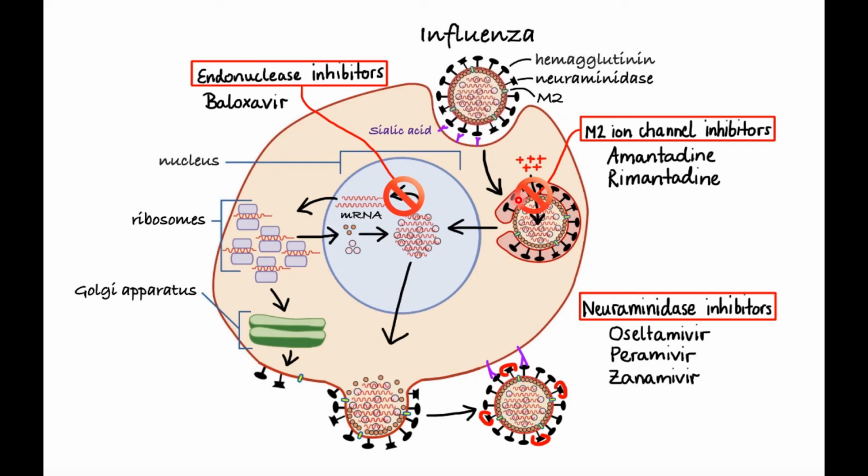entrance to the cell. And once inside the cell, the matrix 2 ion channels will allow the acid or the positive ions to enter the cell, and that acidifies the inside of the capsid, which allows release of the genomic material to the nucleus of the cell.